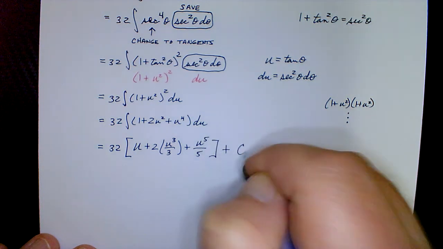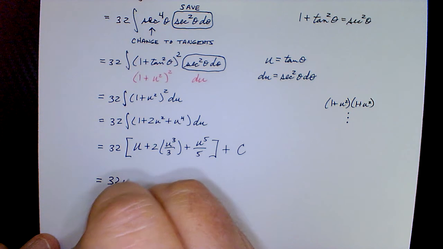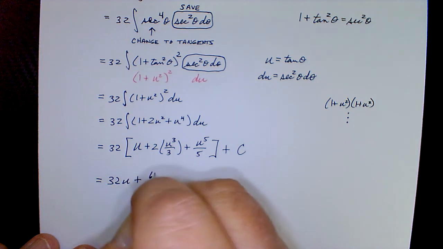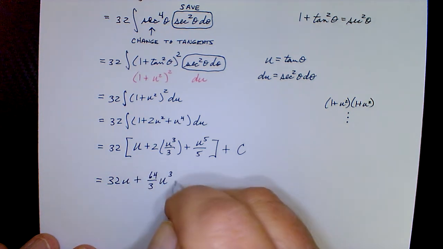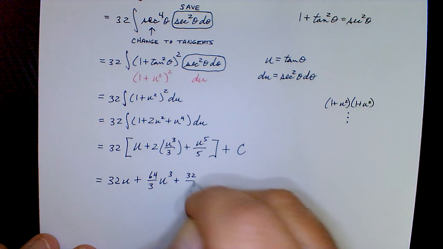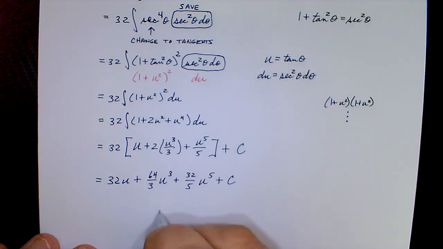Close up our brackets, add our constant, and distributing the 32, we get 32u plus 64 thirds u cubed, and then plus 32 over 5 u to the fifth plus our constant.